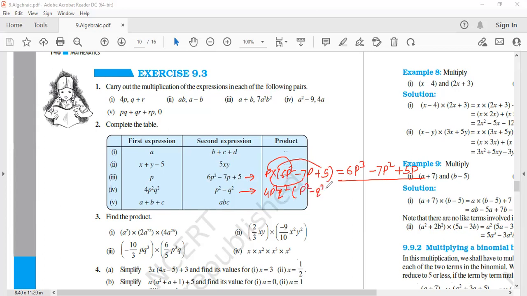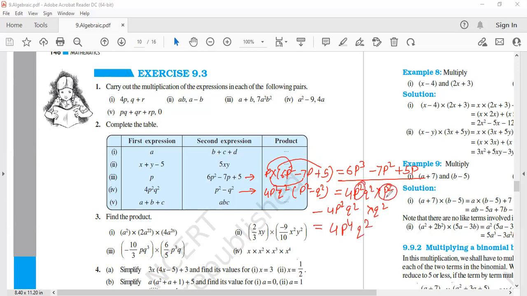And here, 4p square q square is multiplied by p square minus q square. That will give you 4p square q square into p square, minus 4p square q square into q square.